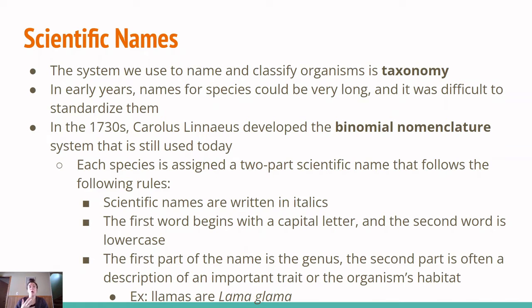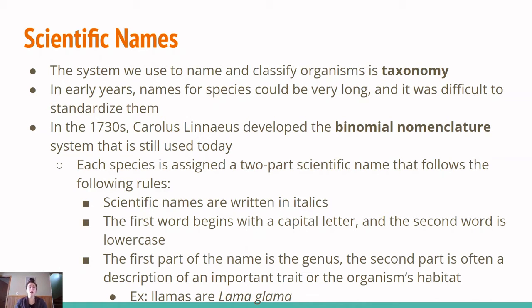Now, obviously, when you are writing things in your notes, on a worksheet or on a test, you can't write in italics. So you underline. That's how you show that something would be italicized, is underline it. So that means if I ask you to write a scientific name on your test or on an assignment, it needs to be underlined because it needs to be italicized.